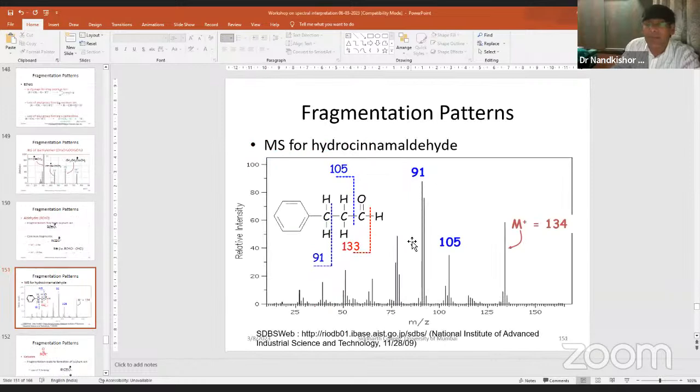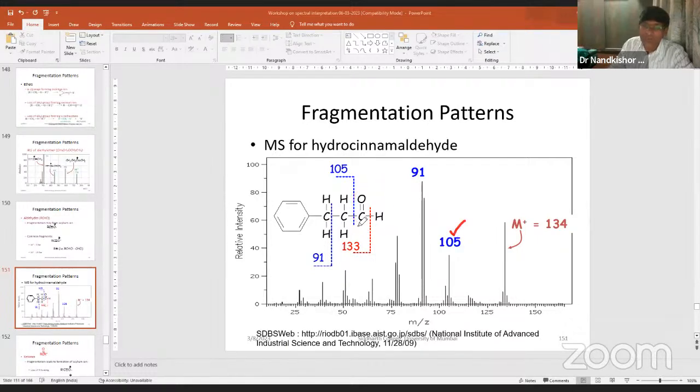Now look at here, you will understand from this example. This is your aldehyde, 3-phenyl propanal, when treated with mass spectrometry. This is the molecular ion peak. If you take the difference, this is 29, which means the aldehyde group is lost over here, that is minus 29.